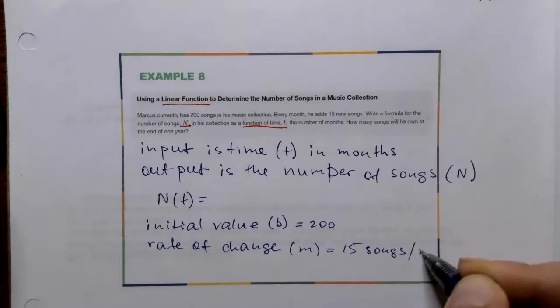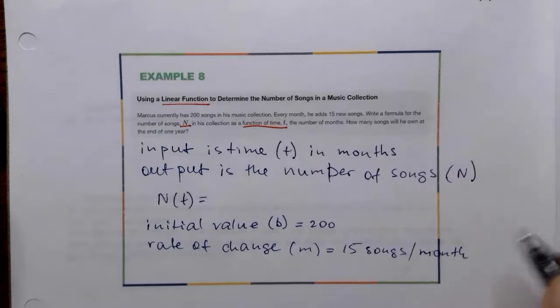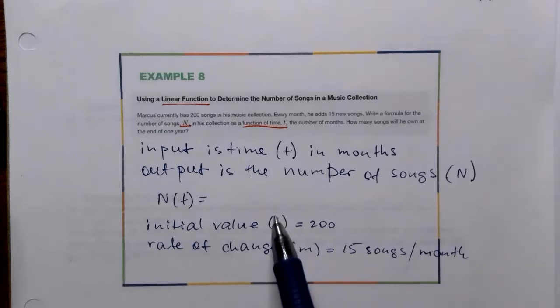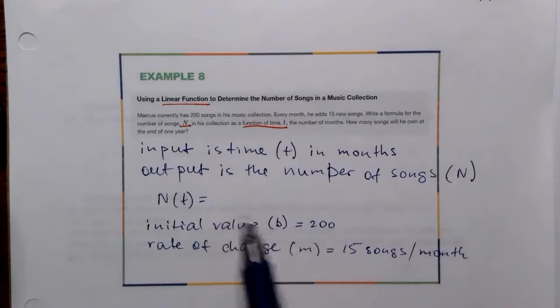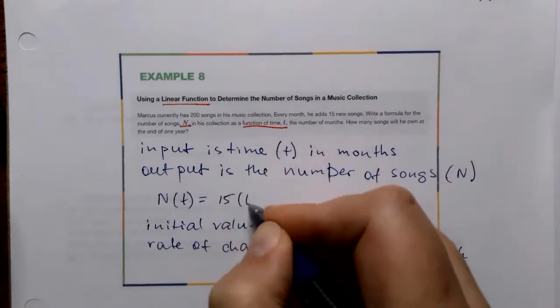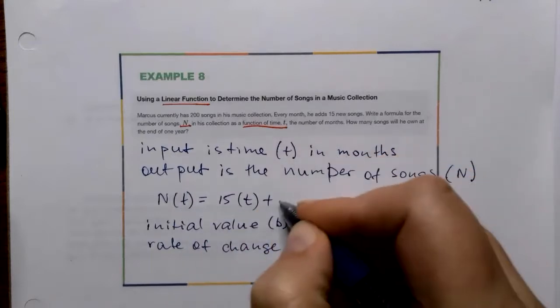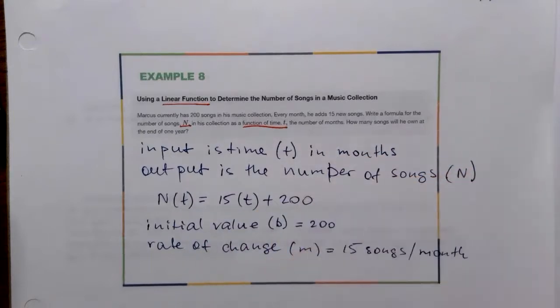Once we know that, we're ready to write out our equation. Remember, it's the rate of change times your variable x plus the initial value b. And that's your equation.